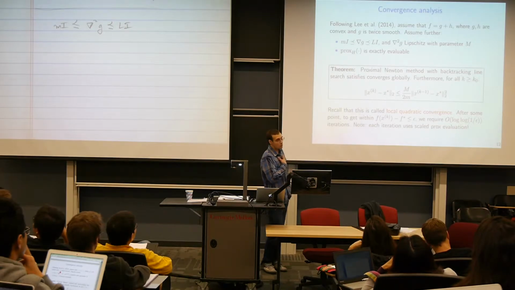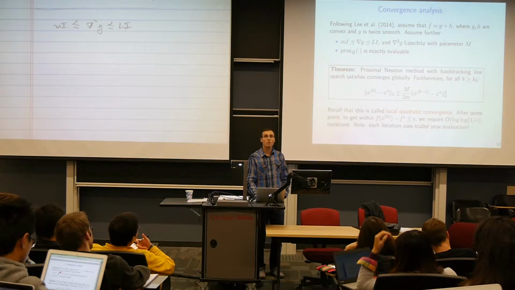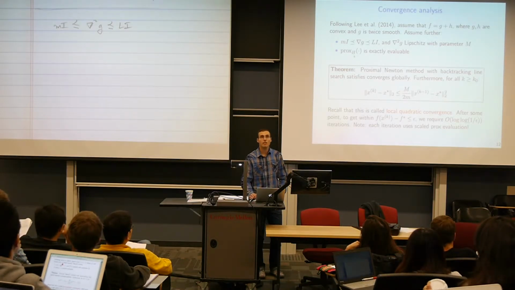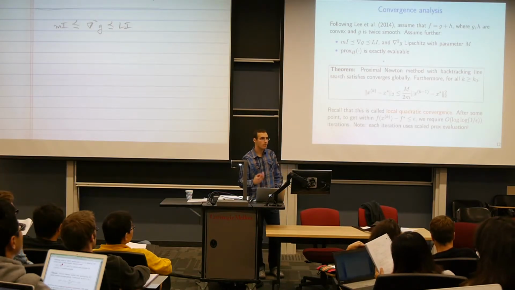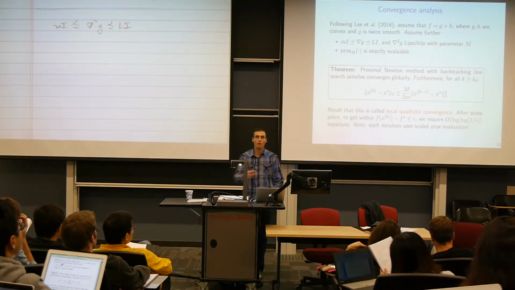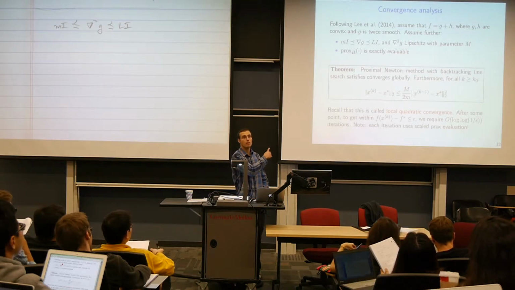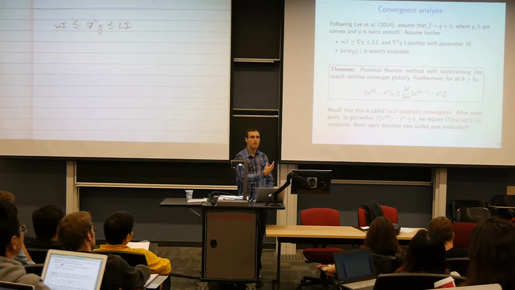And it's also assumed that the scaled proximal operator corresponding to the Hessian matrix H of G is evaluable. Here I said exactly evaluable. That's because in this proof we assume that every time we evaluate the scaled prox, we get the exact answer. There's no error there. That's not what's happening in practice. That was realistic for proximal gradient, by the way, because oftentimes it's like the L1 norm or something, so we get the exact answer.